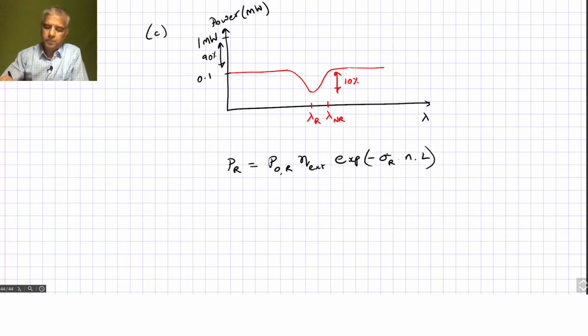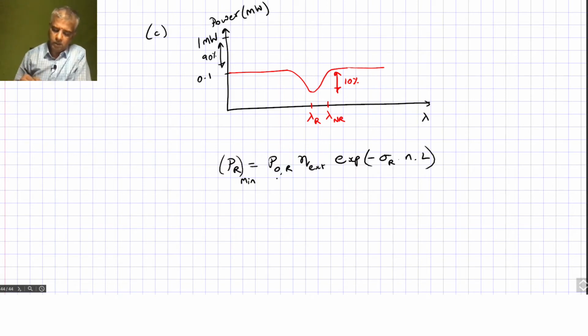It is at that maximum absorption that you're going to have the minimum power. So what we've been asked to figure out is the minimum power that we are expecting at the receiver. That is going to correspond to the resonant wavelength.